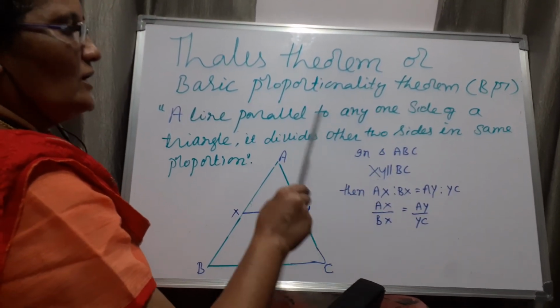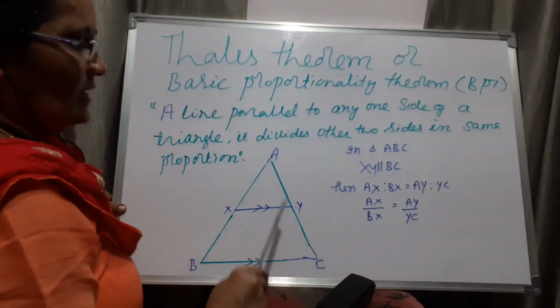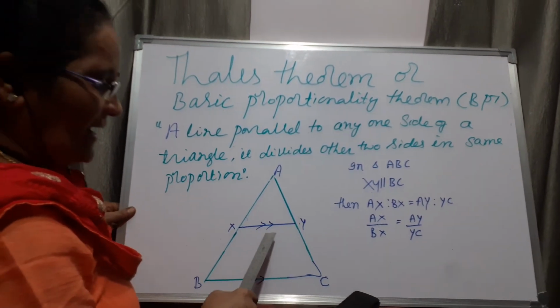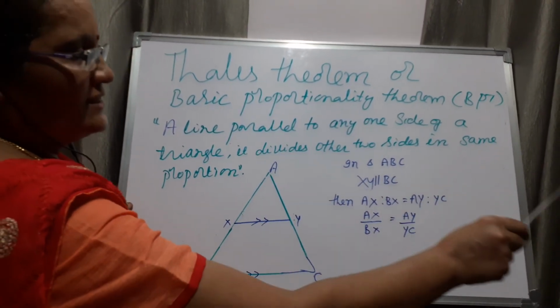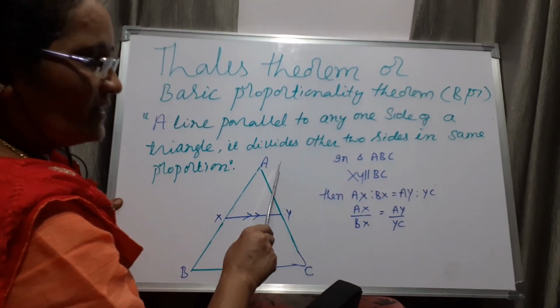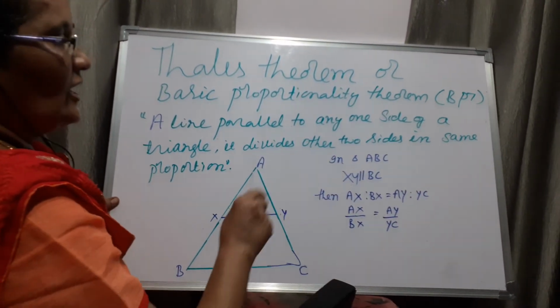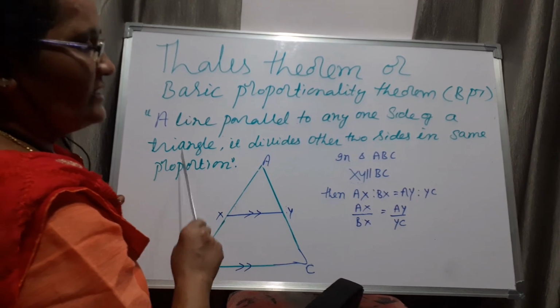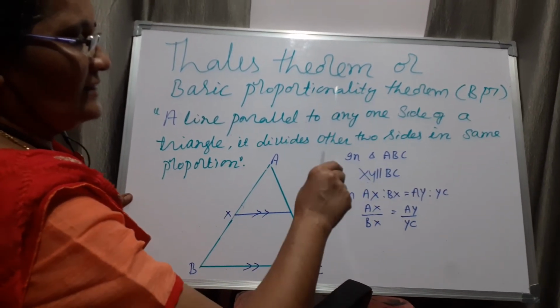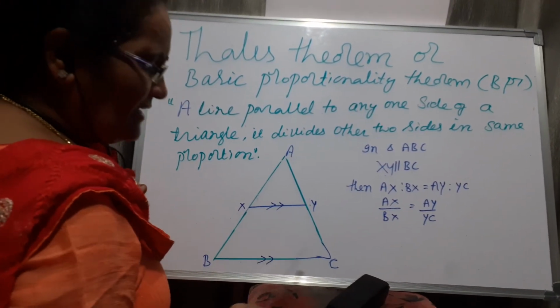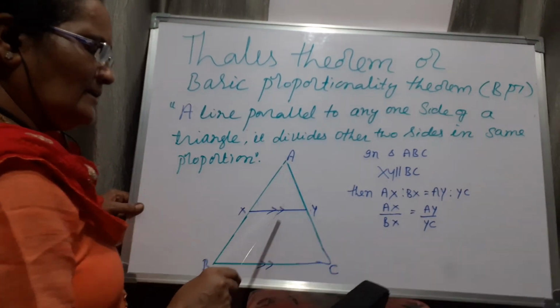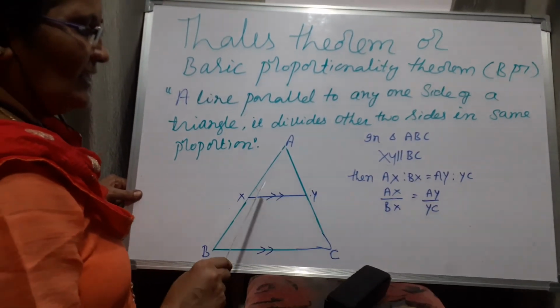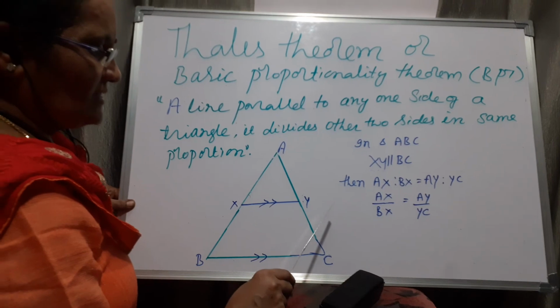In the problems, if a triangle is there and a parallel line is there, then you can use the Thales theorem. We'll prove this one afterwards. Okay. Now, first understand what the basic proportionality theorem or Thales theorem is, and it is like a formula also. A line parallel to any one side of a triangle divides the other two sides in the same proportion.